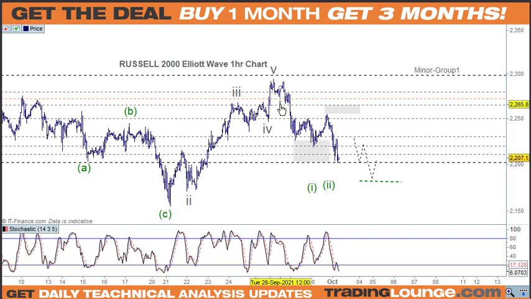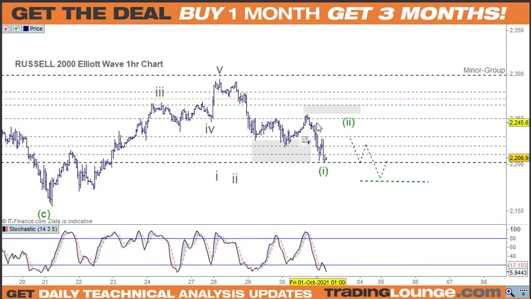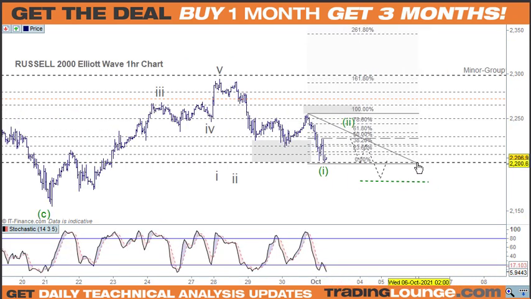So this would be 1, 2, 3, 4, 5. It's probably 3 inside. I'll have to check that anyway. But what we should do is just start on this one here. We'll look at this here. There'll be another rally coming in off this. There'll be a bounce off this 2-2 here.